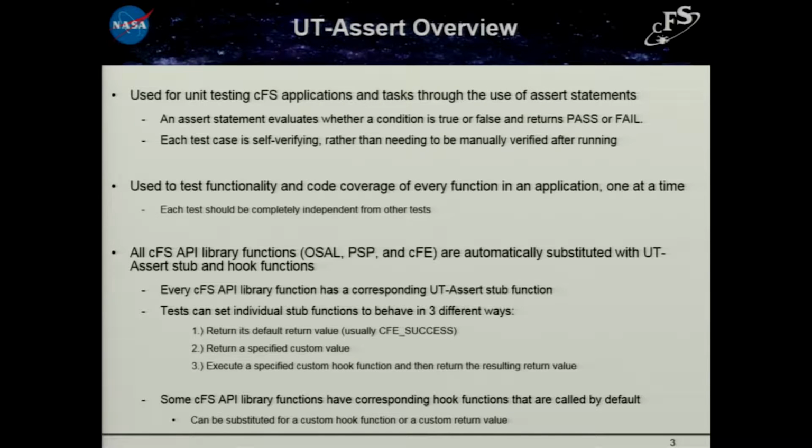Also, some functions have built-in hook functions that are called by default, and you can override those. You can tell it to call a different custom hook function, or you can tell it to just return a value.